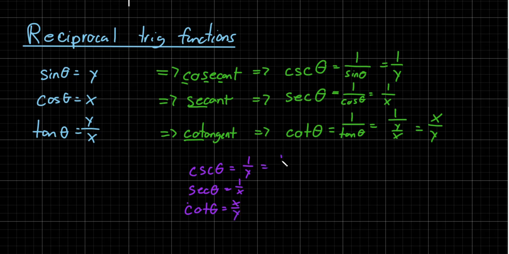This one equals 1 over sine theta. This is 1 over cosine of theta. And then cotangent is 1 over tangent of theta. So those are the three reciprocal trig functions right there.